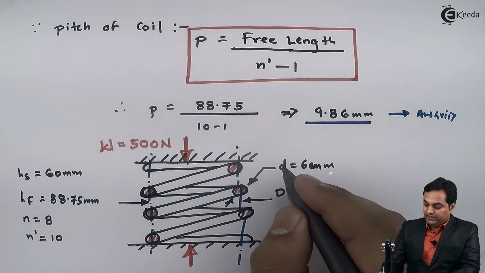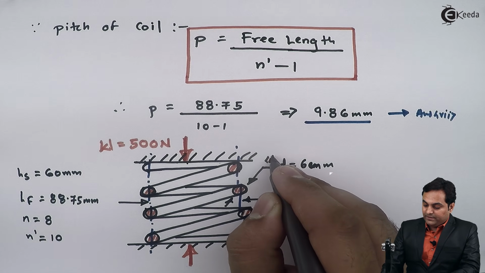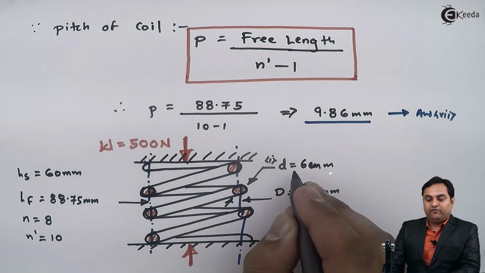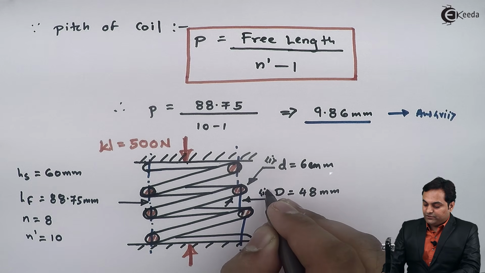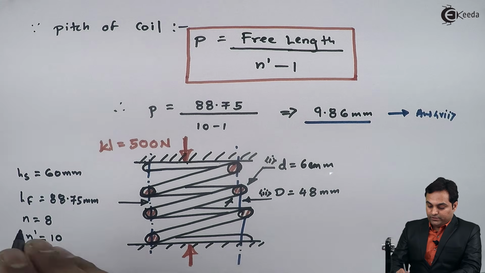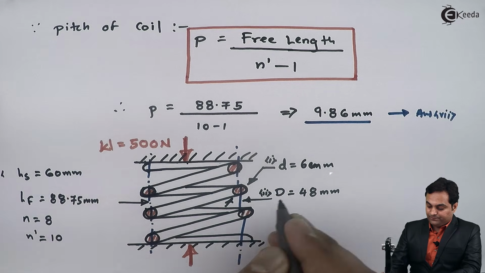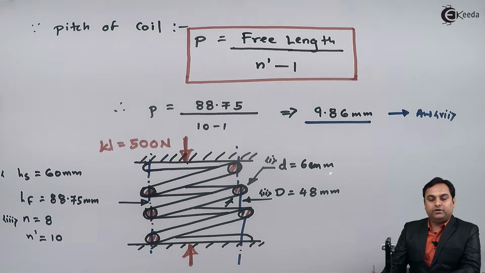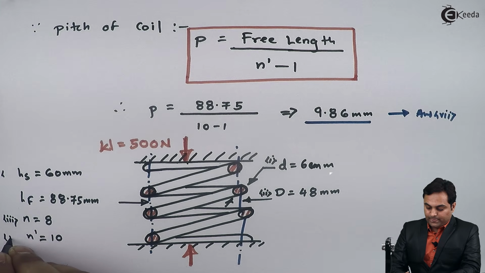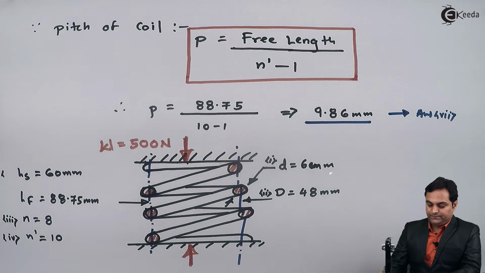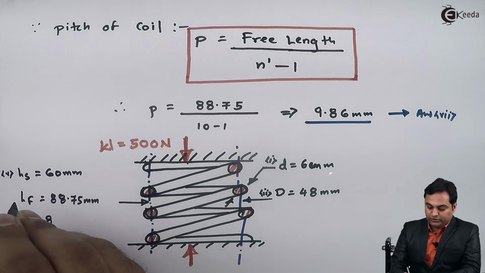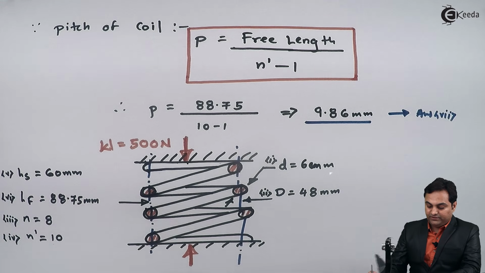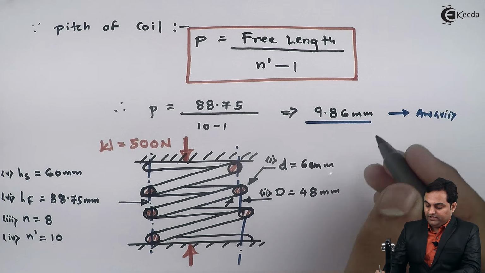So in total we have calculated the wire diameter, the mean coil diameter, the number of turns, the total number of turns, then the solid length, and at last the free length, and finally even the pitch.